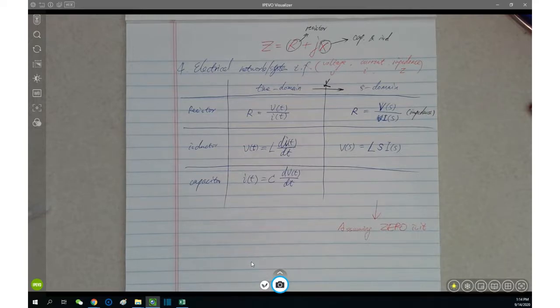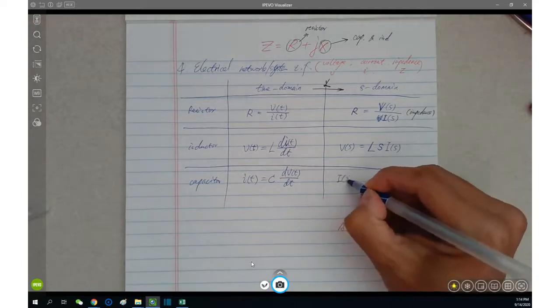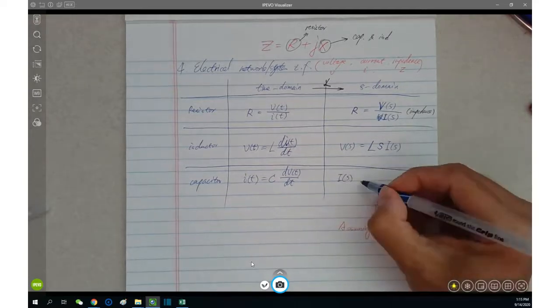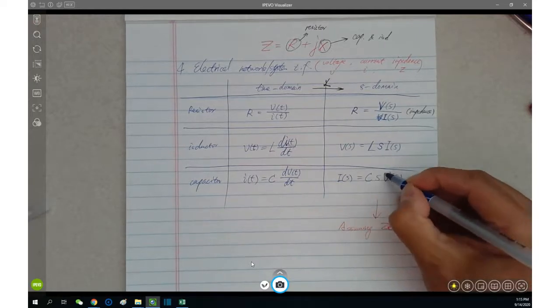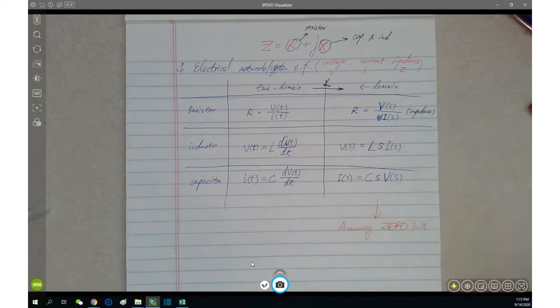So your current might look like any shape, however your voltage cannot change easily. So apply the Laplace transform on it, and we end up with this.